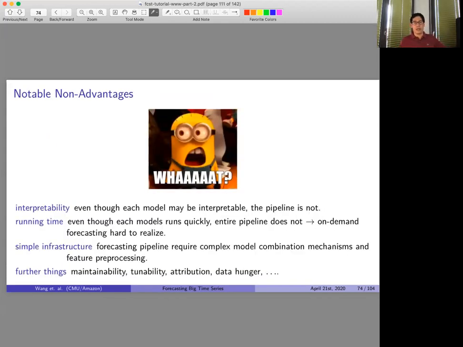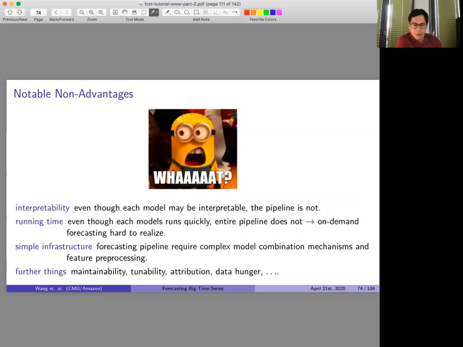And you may wonder why I didn't mention certain points that you would typically expect with the more classical or non-deep learning approaches. And I wanted to go through some of them. So interpretability is often used as an argument in favor of more conservatively parameterized methods.